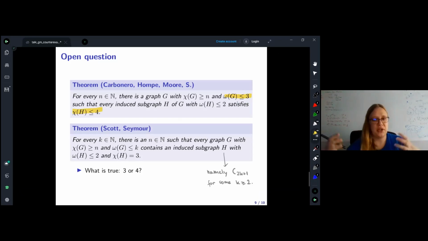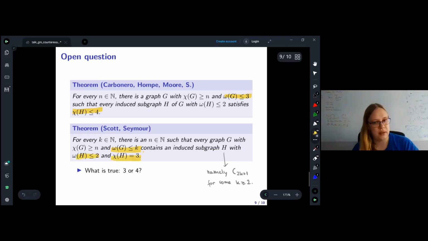There's a result of Scott and Seymour that says we're almost best possible here, because they prove that if I have bounded clique number and large chromatic number, I get an odd hole, which is an odd induced cycle of length at least 5. And those are triangle-free graphs that have chromatic number 3. So they showed that for any k, if chromatic number is big enough and clique number is at most k, then I get an induced subgraph H, which is triangle-free and has chromatic number 3.